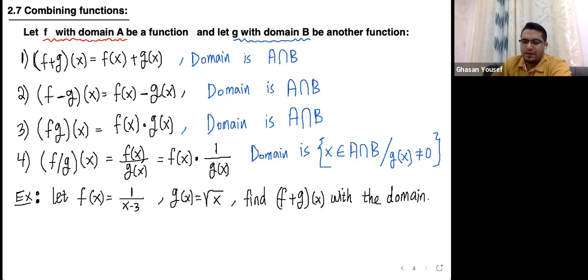Who will do this example by applying the first rule? What is that equal by using the first rule? Look here.